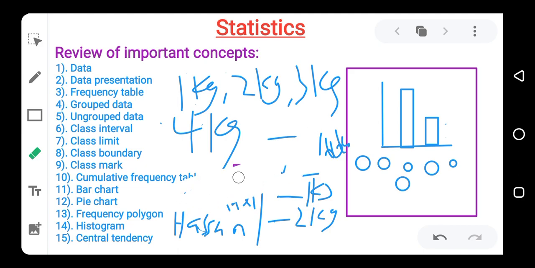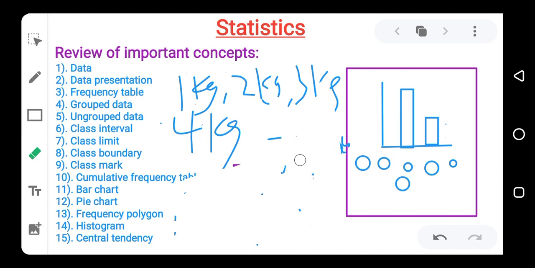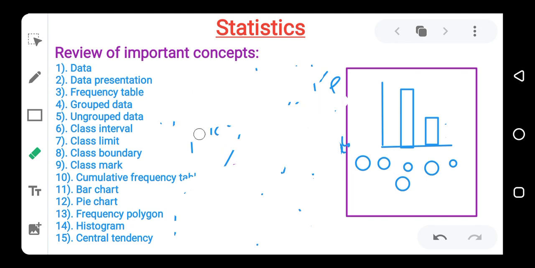So you may decide to group the weights from 1 to 4 together, 5 to 8, or 5 to 9. So you group it together, so that any weight that lies within this range, we check the number of students that are within that range.